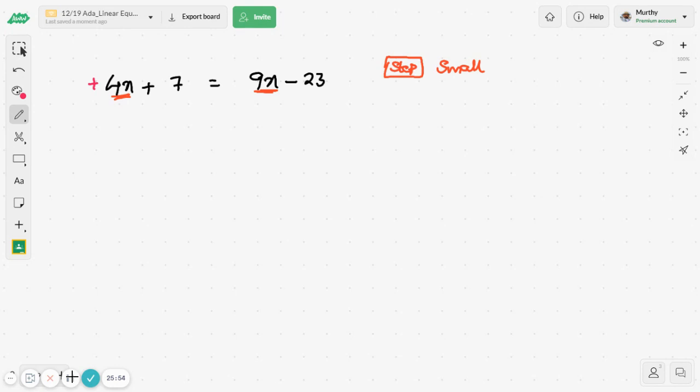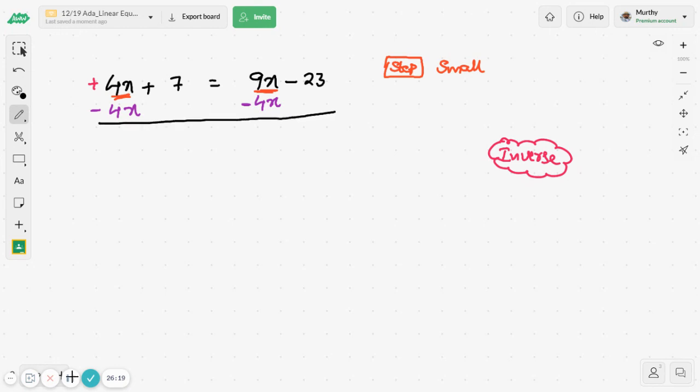As you know, we go with the inverse operations while solving these linear equations. So the inverse of positive is negative 4x on both these sides. Make sure that you are writing x under x.